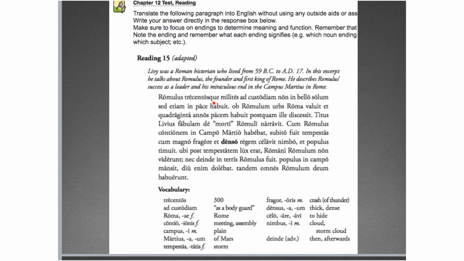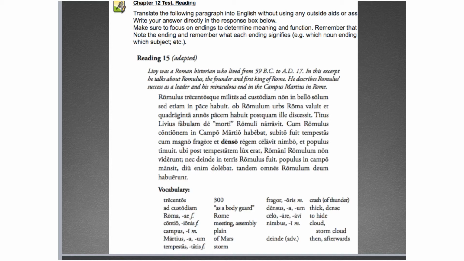We've got a que, which is and. Milites is accusative, so it looks like tracentos and milites are going to agree. Ad custodiam looks like a prepositional phrase. Non in bello solum sed etiam in pace. So we've got in bello and in pace with this conjunction pair around them. So that is probably going to go together.